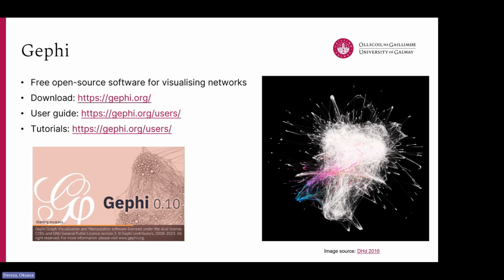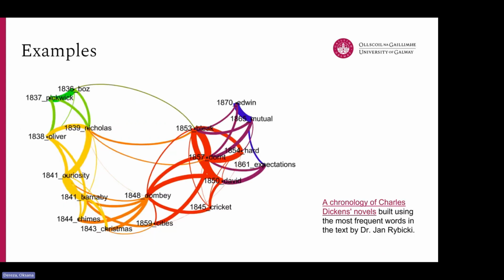And on the right is just a picture from a DH conference from 2016. And these are, if I remember correctly, the English novels by Jan Rybicki. Anyway, there is a link there to the abstract, so you can have a look.